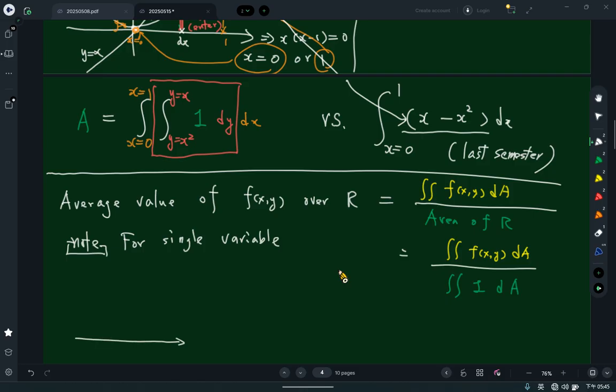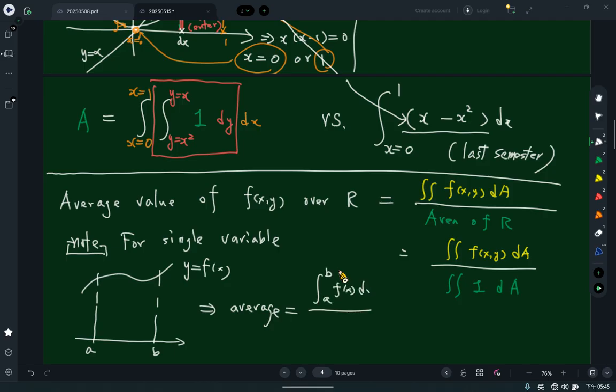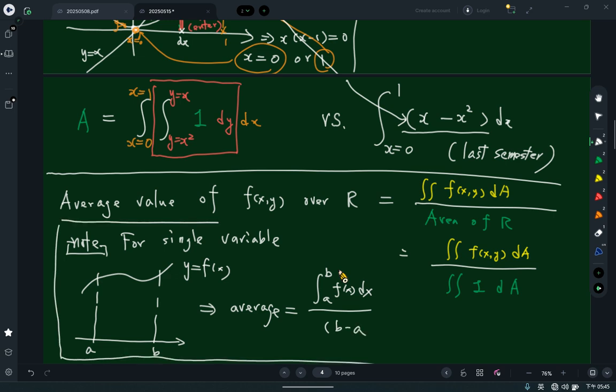I hope you still remember that if this is y is equal to f of x, starting from a to b, if we want to get the average value, it is defined as the integral from a to b of f of x dx over b minus a. So this is for single variable functions. But I just hope you can make a comparison.